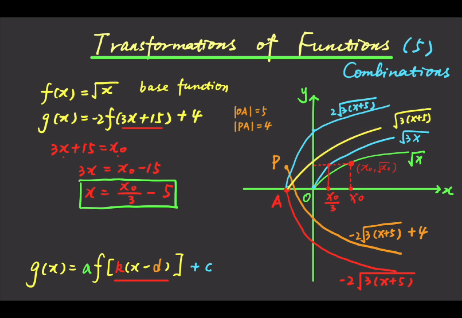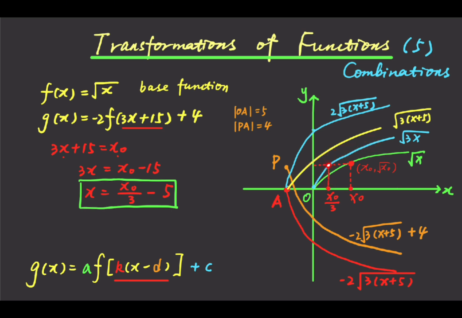So this x should be, on the basis of this specific value, first divided by 3, then for the same y value, we move this point to the left side by 5 units.